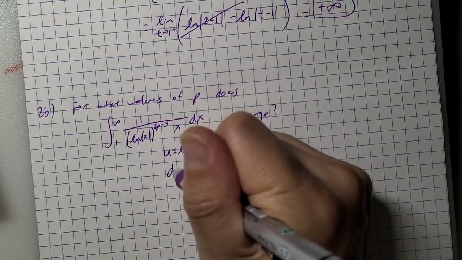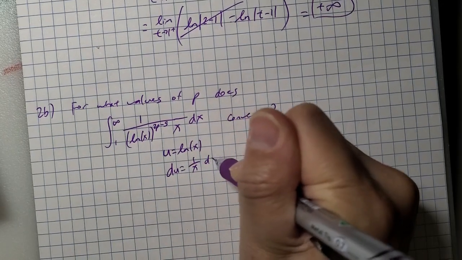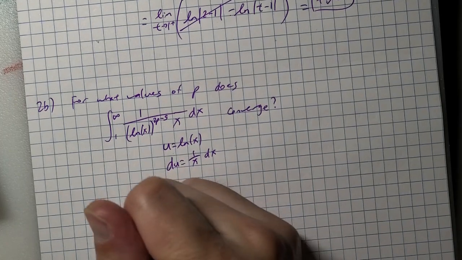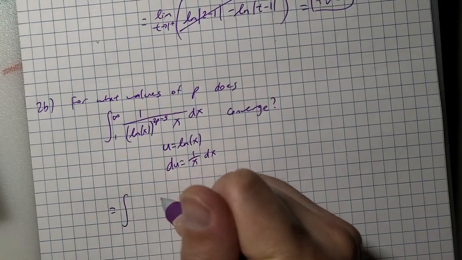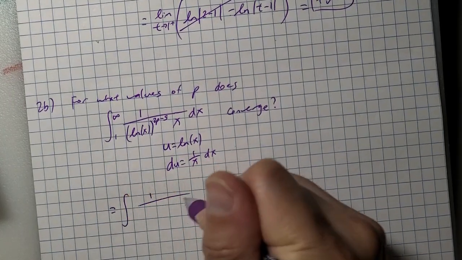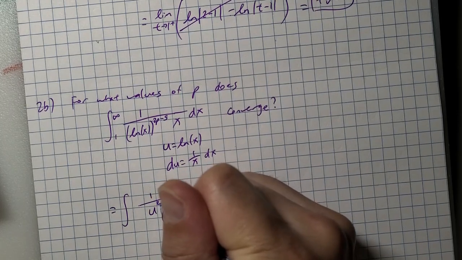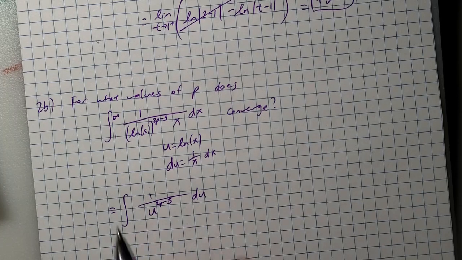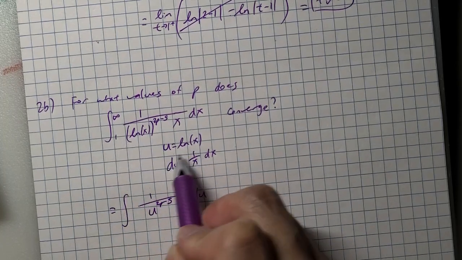We let u be ln x, du is 1 over x times dx. So we have that signature right there, so we want to make that substitution. We'll worry about limits of integration after. That would be 1 over u to the 2p minus 5 power du. Okay, limits of integration, we plug into the definition here.